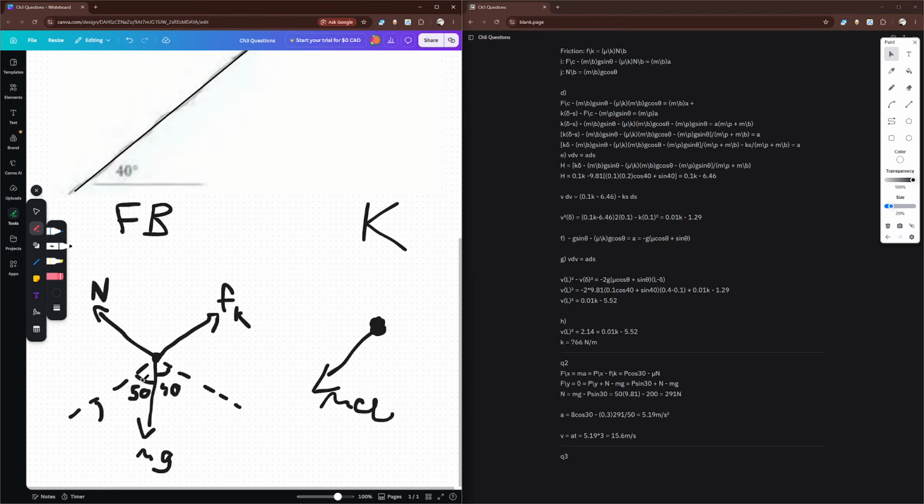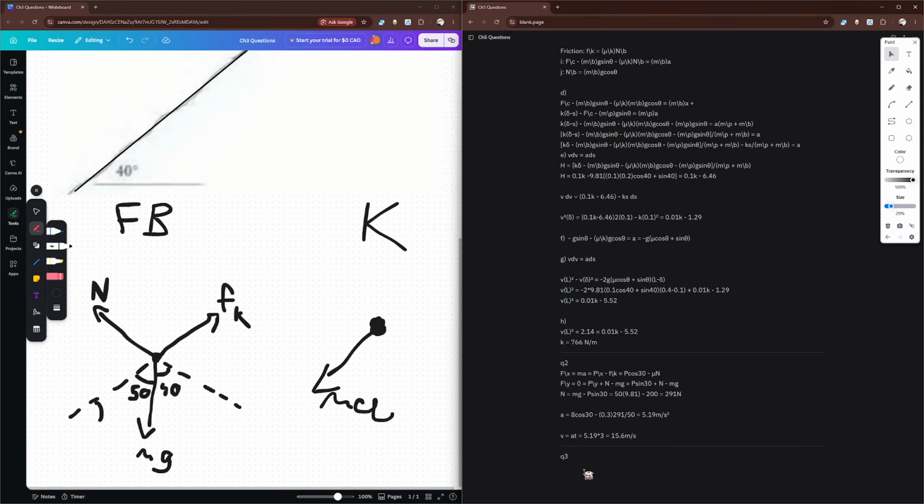Cos 50 and sine 40. Yeah, like I said, those are the same thing. So you could do whatever way you like. If you would prefer to have respect for the given angle, you would use this 50 for all of your weight components. But I'm going to use the other one just to demonstrate that that's not what's happening here.